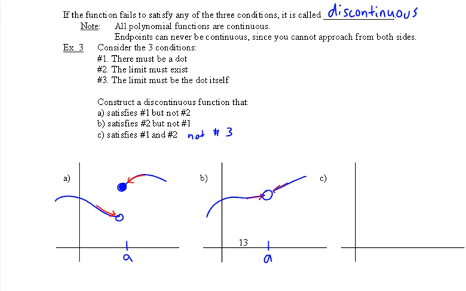Okay, Ben, try and draw an example. So we're saying at specifically A, the dot exists and the limit exists, but the dot and the limit are not the same thing. Yeah, you want to try?